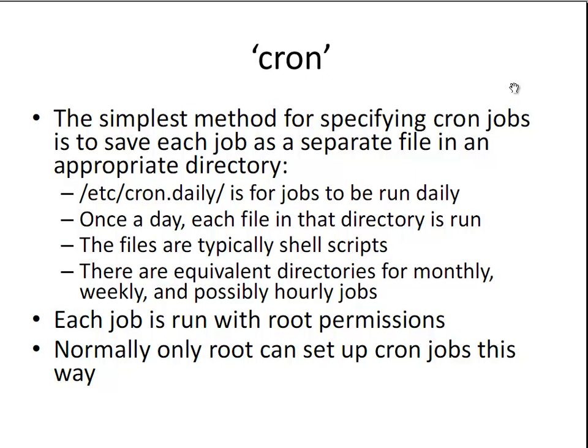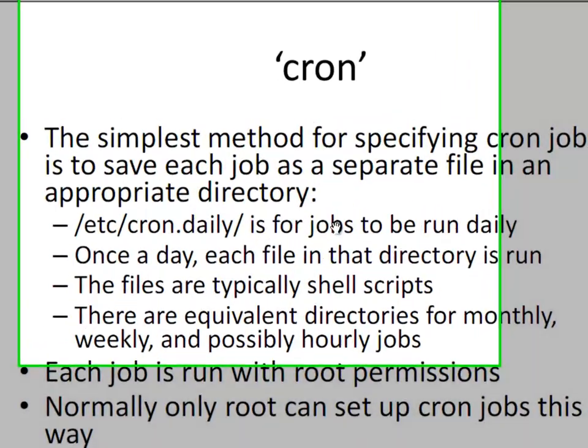There are equivalent directories for monthly, weekly, and possibly even hourly jobs. Note that the files that reside in these directories are run with root permissions because they are residing under the etc directory. So normally only root can set up cron jobs this way, but a little later we'll show you how you can set up your own cron jobs.